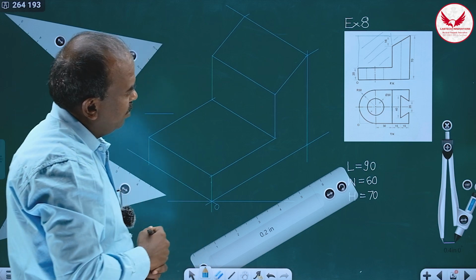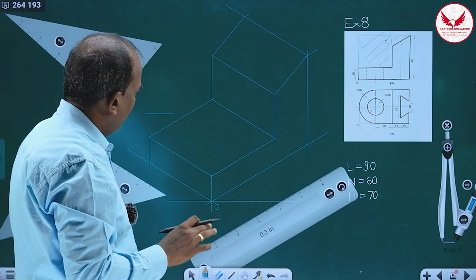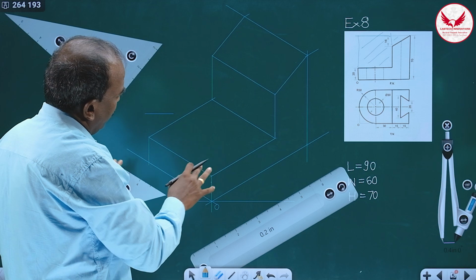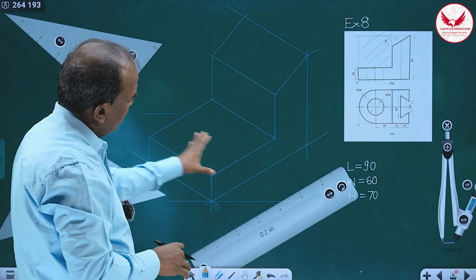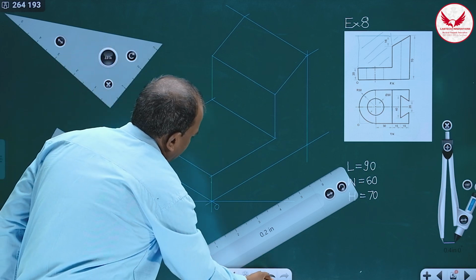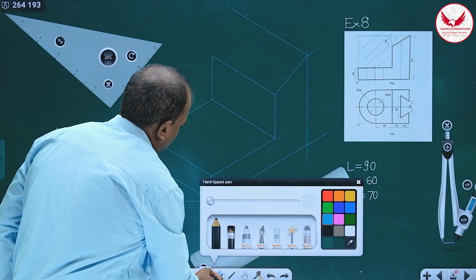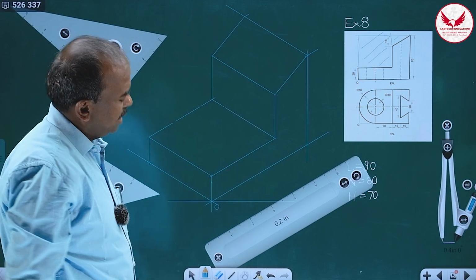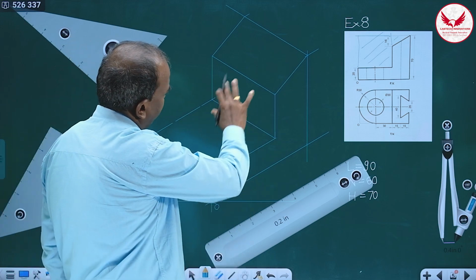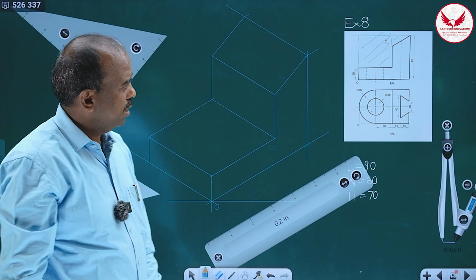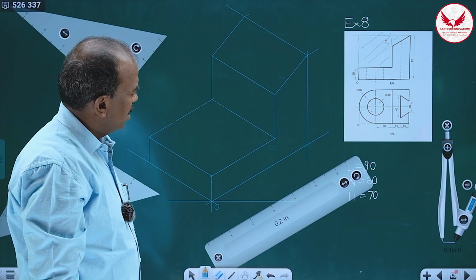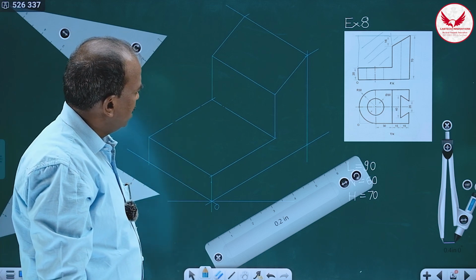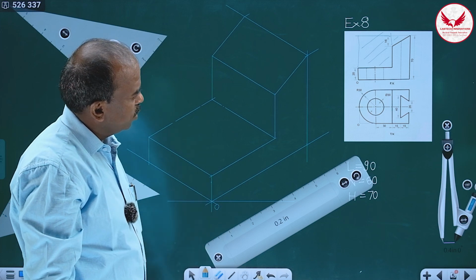So even though the circle is missing, its effect will not be that much. So first we'll draw the outer portion. Now we get the basic shape of this object simply with this cut, and this problem will become easier.